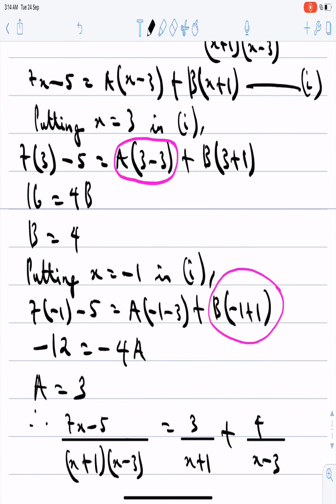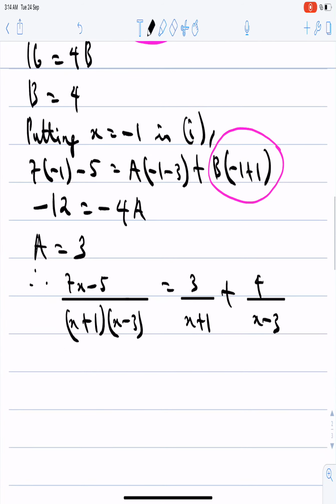This method of substituting values for x to obtain the constants is called the cover-up method.